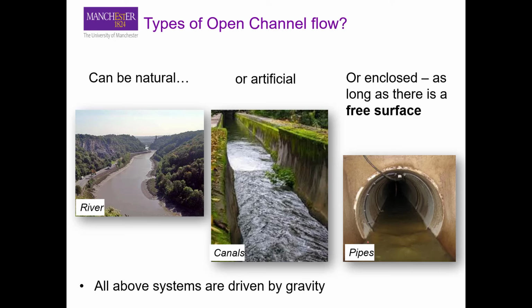Irrespective of whether channels are natural or artificial, the flow in an open channel is due to gravity. For pipe flows, the flow is due to a pressure gradient, but for open channel flows, the flow is only by gravity. There is no pressure gradient.